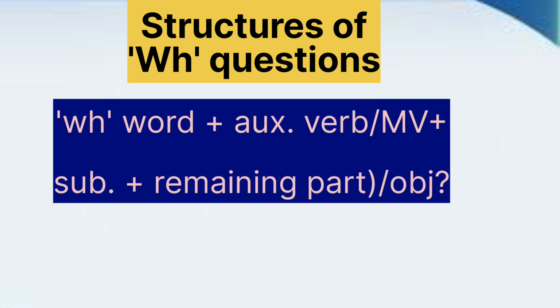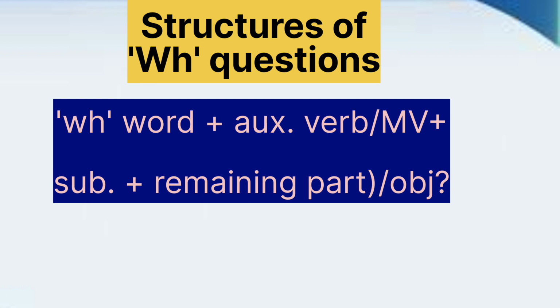Second structure of forming WH question is WH word plus an auxiliary verb or main verb plus subject plus remaining part of the sentence. At the end you have to put a question mark. Here in the case of this structure, sometimes an auxiliary verb and sometimes a main verb is used according to the need and purpose.